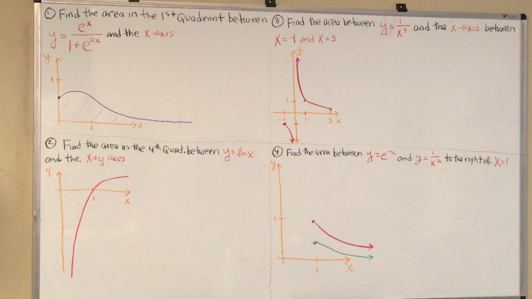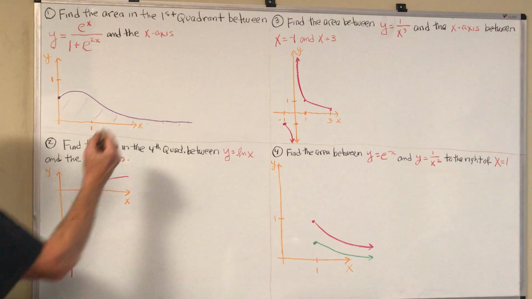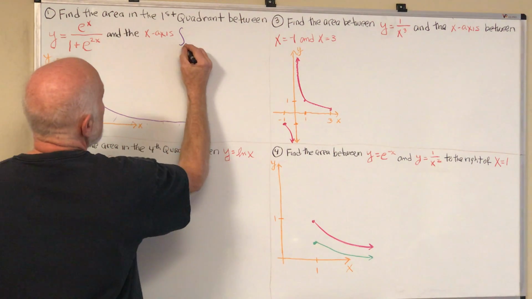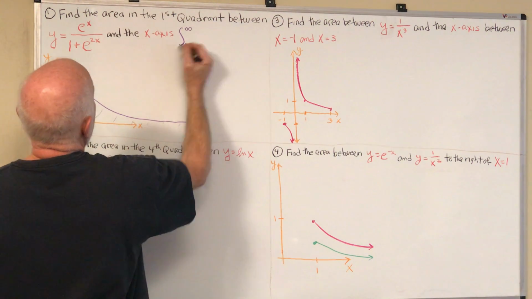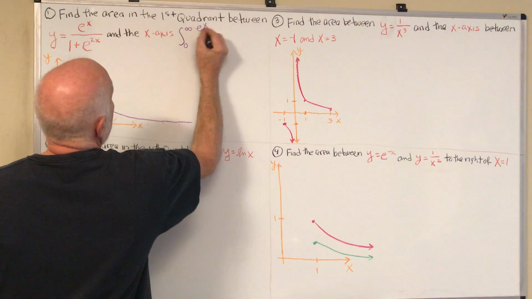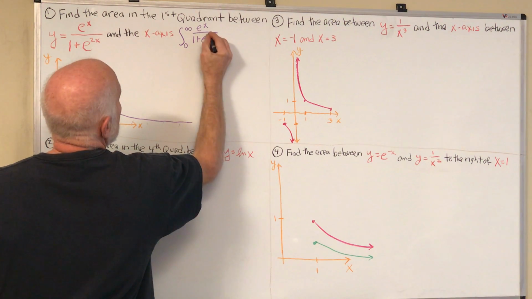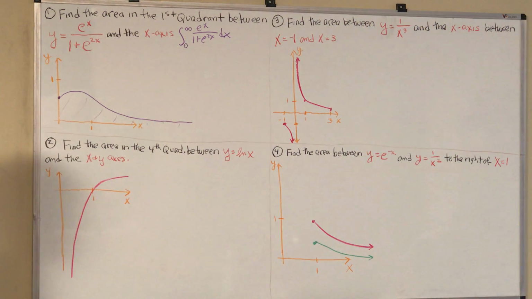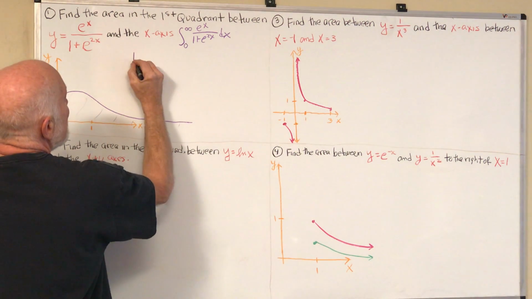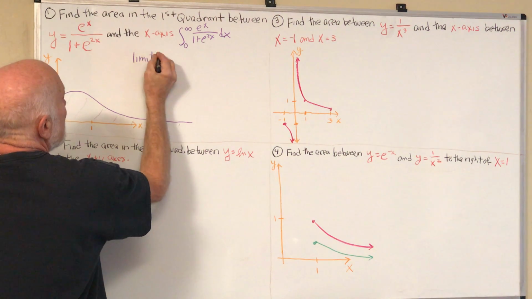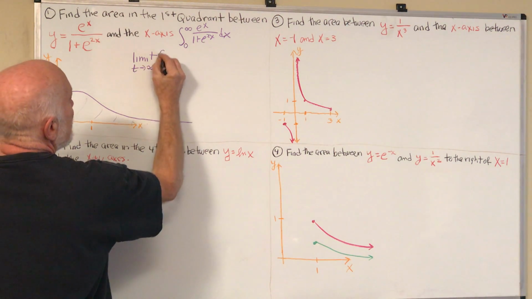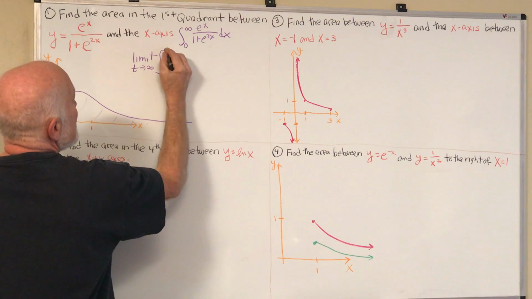in there. So what we're going to do is we're going to take the integral from 0 to infinity of e to the x over 1 plus e to the 2x dx. But that's improper. So what we have to do is take the limit as t approaches infinity, the integral from 0 to t.